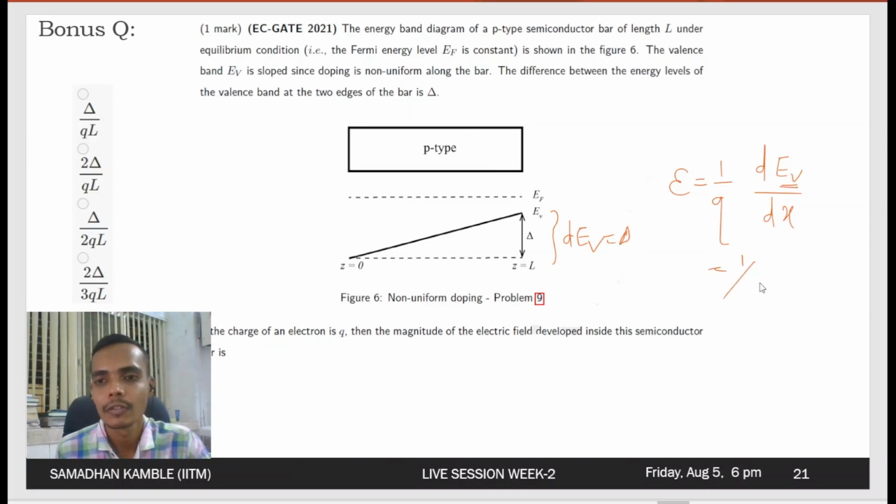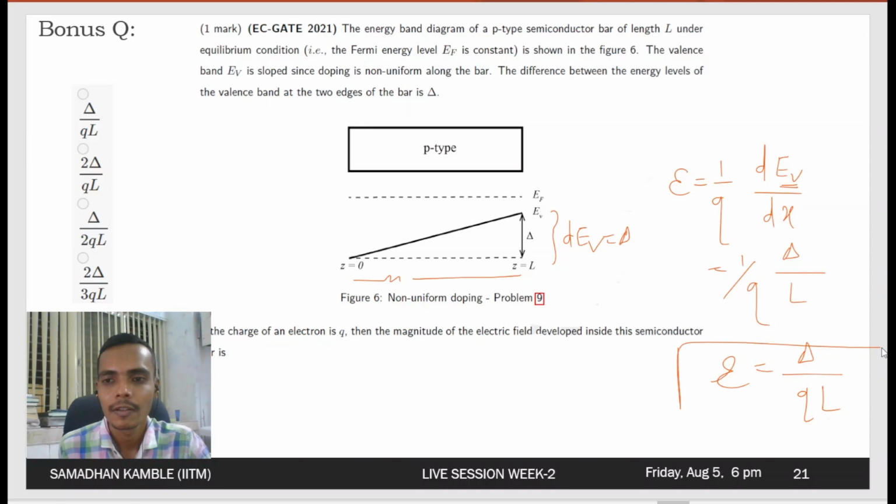So it is simply 1 over q times delta, and this change is happening over this length, L minus 0, that is L. So delta over L. The electric field developed is given by delta over qL. This is quite simple, and the answer for the electric field developed is delta over qL.